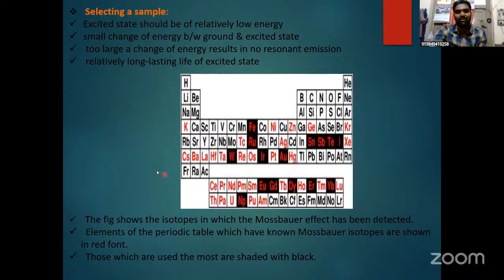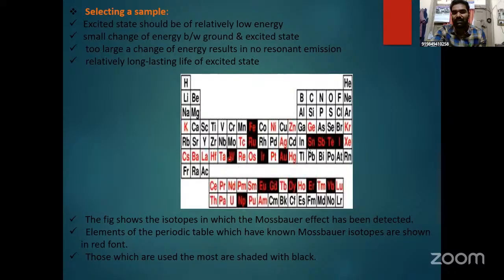The figure shows the isotopes in which the Mossbauer effect has been detected. The elements of the periodic table which have known Mossbauer isotopes are shown in red font.